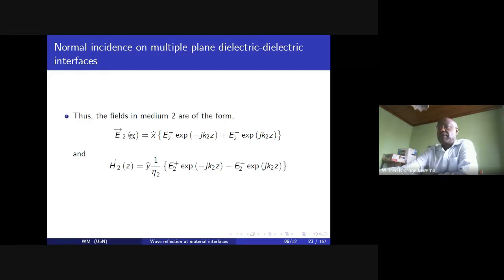That is, E2 of z equal to x cap, E2 plus, the wave propagating in the positive z direction, plus E2 minus, the wave propagating in the minus z direction, and the H2 as well will be given as shown there. Okay, so our task is to express this E2 plus and E2 minus in terms of the incident wave quantities.